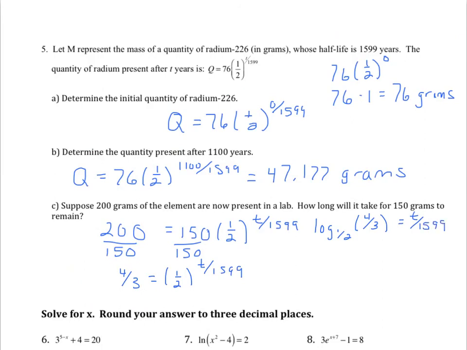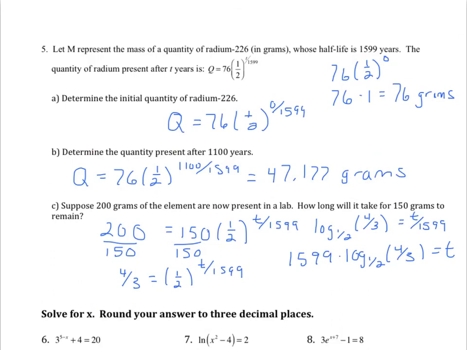So then we want to multiply by 1599. So 1599 times log base 1/2 of 4/3 will equal t, and we want to plug that into our calculator. Two ways to plug in log base 1/2 of 4/3. You can do alpha window and scroll down to choice 5, or you can do the log of 4/3 divided by the log of 1/2.